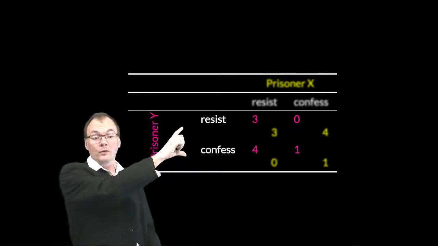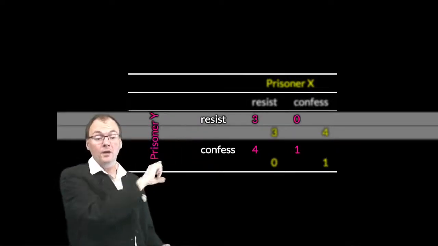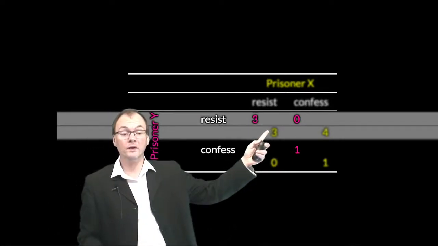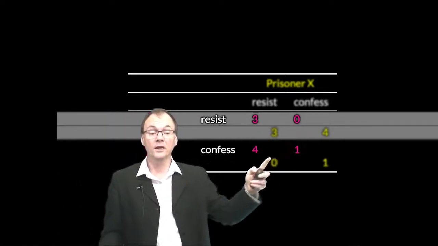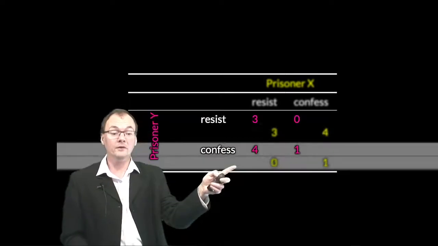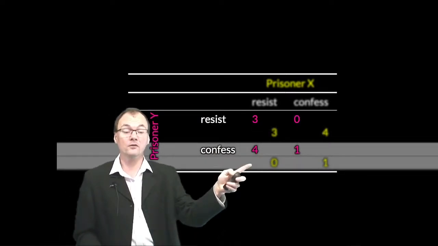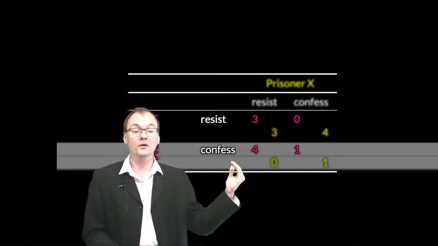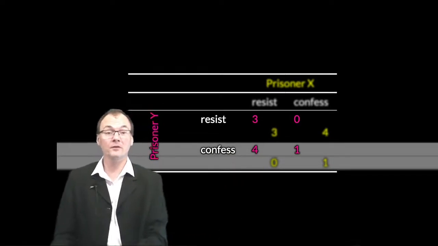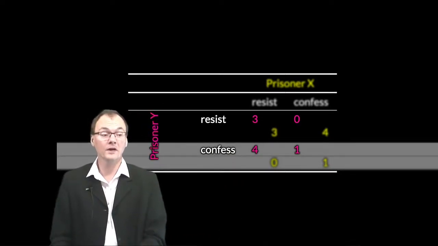So resist is dominated by confess, because if somebody were to resist, no matter what prisoner X does, they could always have done better by confessing. In each row, are they rows? No, they're columns. In each column, confess does better than resist.